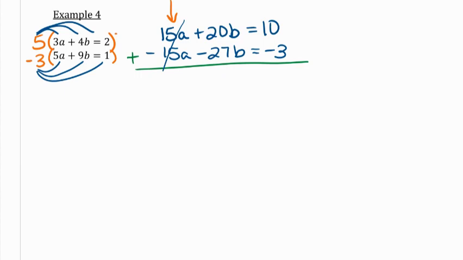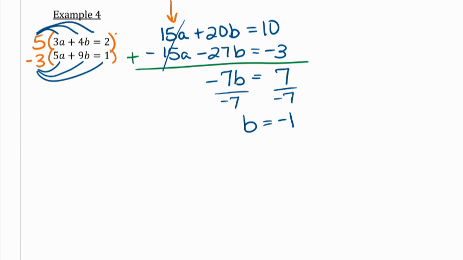And then I'll do the others, 20B and negative 27B. If I add those together, I get negative 7B. And then 10 plus negative 3, or just 10 minus 3, is 7. So then to solve, I divide both sides by -7, and we get b equals -1.